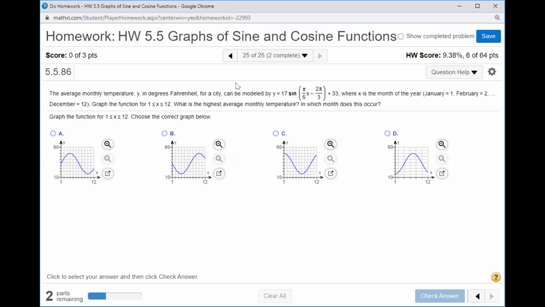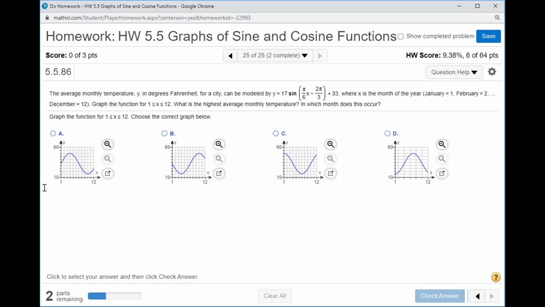For this, we can work out the phase shift and the amplitude, and where it should start.